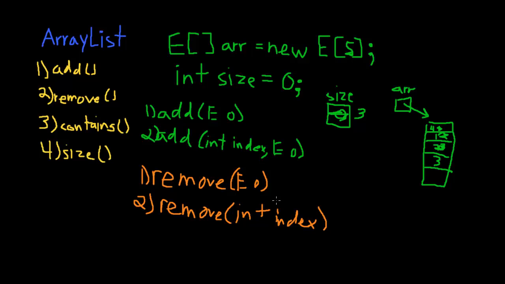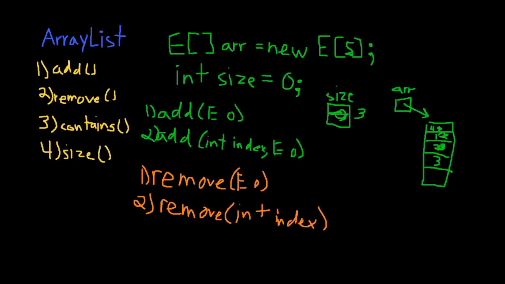So the first one will remove, so it'll search through the entire list, and then it'll see, does this object exist, and can I remove it? If so, remove it, and it would return true. If not, it wouldn't affect the data structure, and it would return false. This one, on the other hand, sees, did the person pass in a valid index? If so, I'll remove whatever element is at that index. If not, throw an error maybe, something like that.